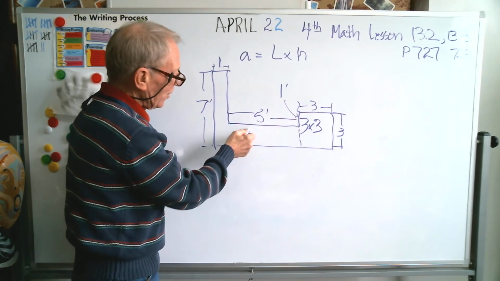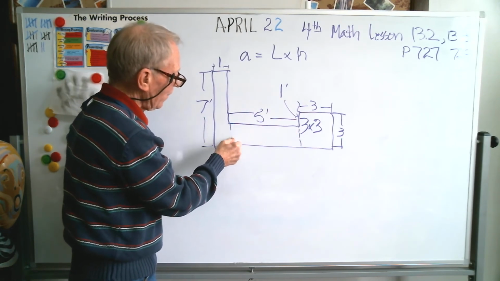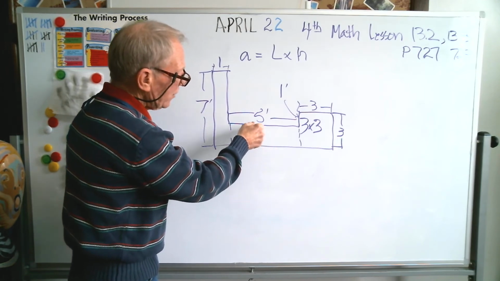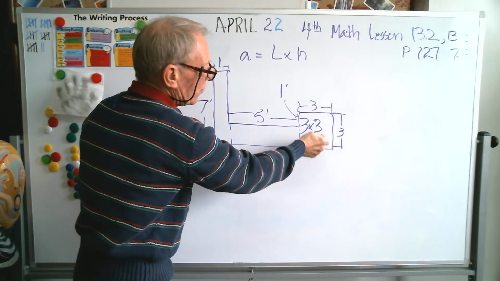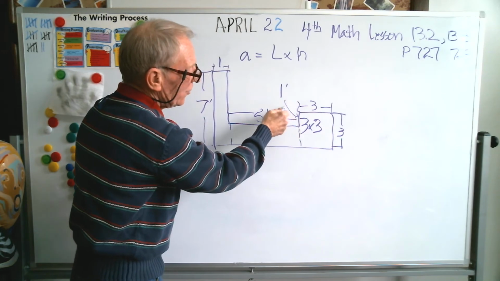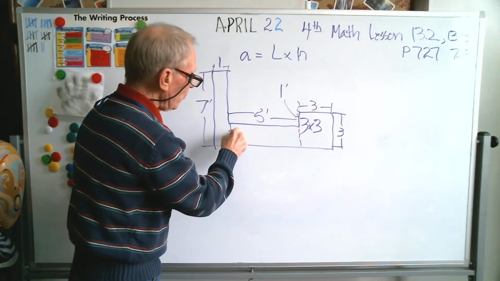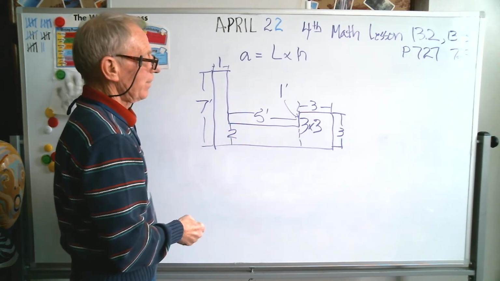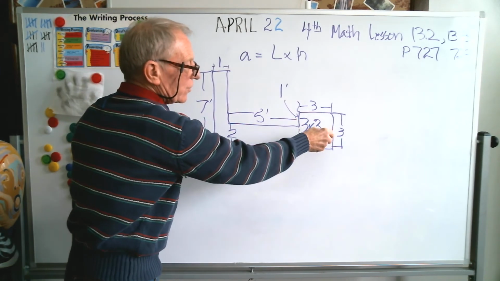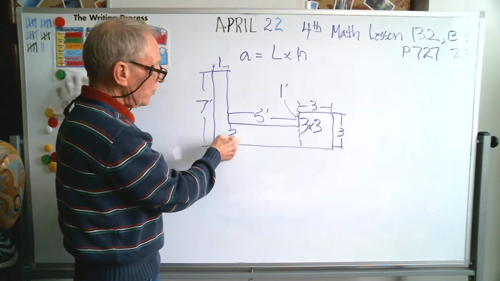So that means the height of this section is going to be the 3 feet minus the 1 foot that represents that height. So this is going to be 2 feet. 2 plus 1 equals 3. So it's 2 feet high.